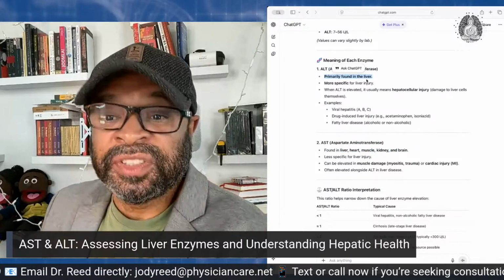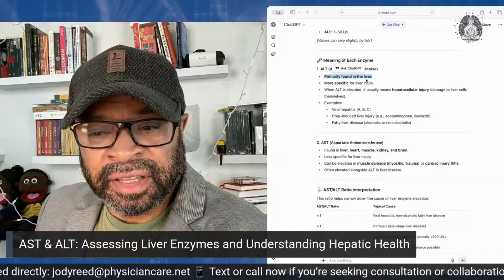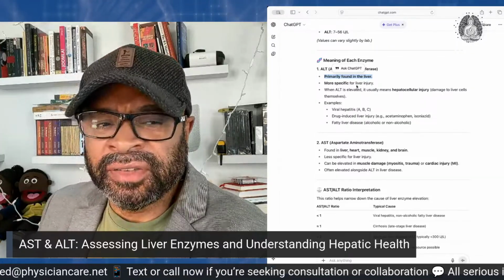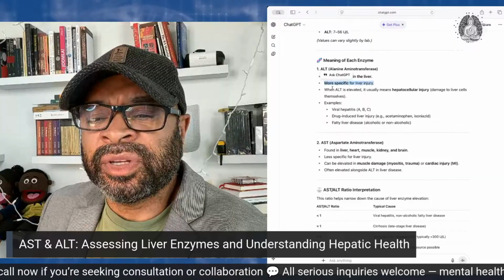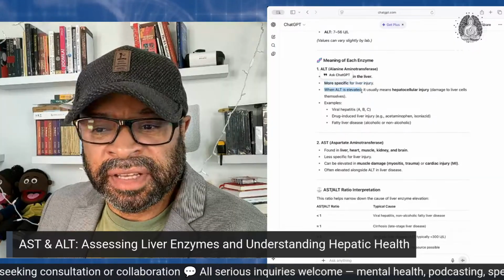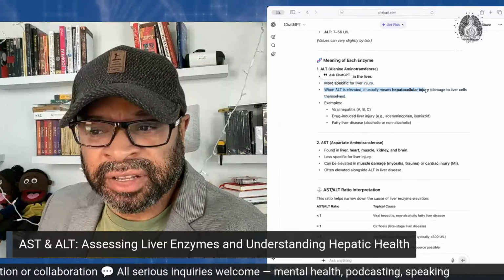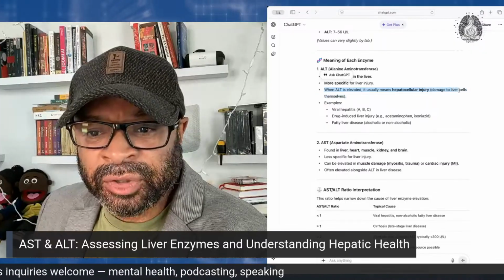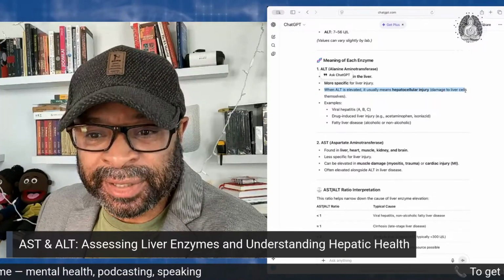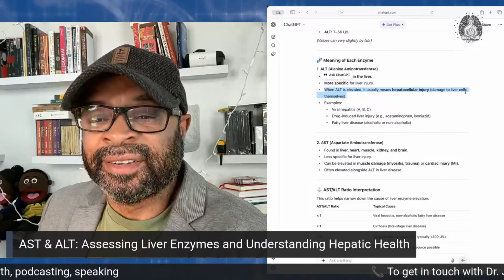When you see that elevated, you know for sure you've got some hepatocellular injury. ALT elevation usually means hepatocellular injury, that is, damage to the liver cells themselves.